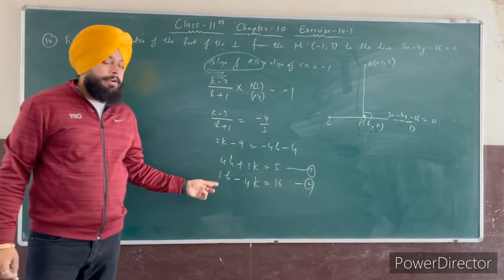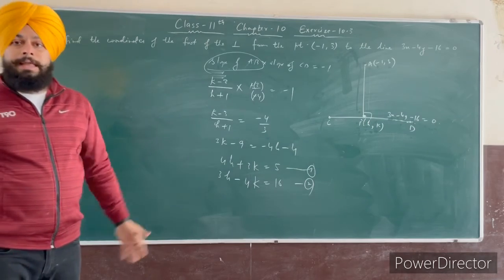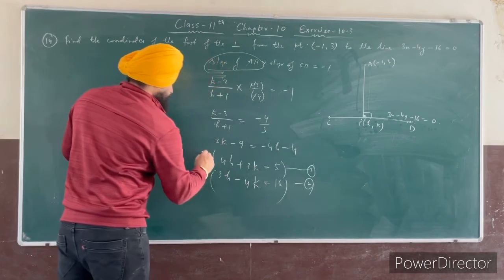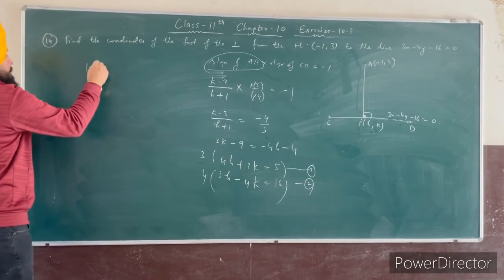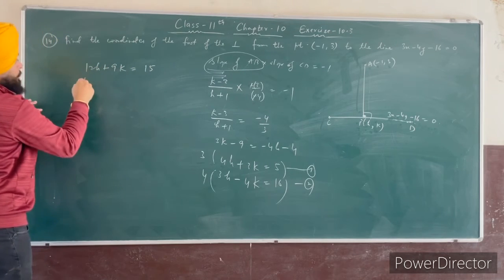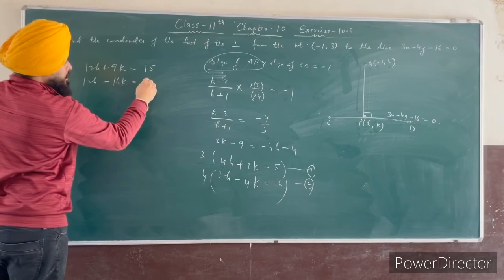Now solving 1 and 2, we will get the values of h and k. You have to solve these equations by the elimination method. So multiply the first equation with 3 and the second with 4. So 3 4s are 12h plus 3 3s are 9k, 3 5s are 15. 4 3s are 12h, 4 4s are 16k, and 4 16s are 64.